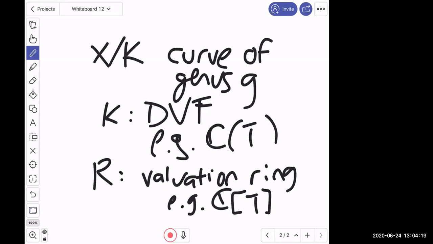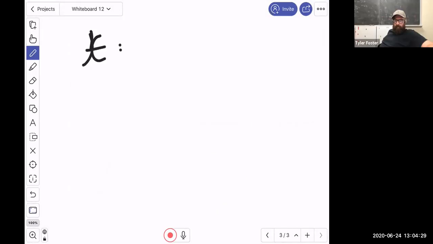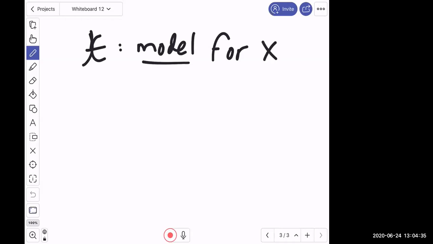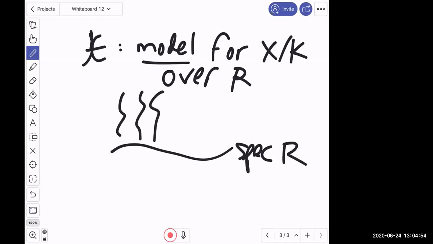And now we want to choose a model for our curve X. So script X will denote a model for X over K. And this is over our valuation ring R. And intuitively, you want to imagine that Spec R is sort of like a curve, and that we have some smooth fibers and one singular fiber, except really, if R is a valuation ring, it's a local situation.